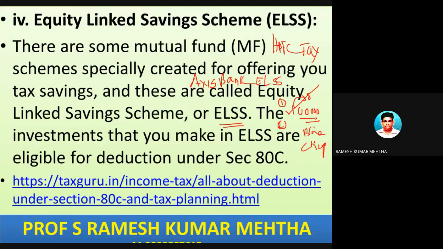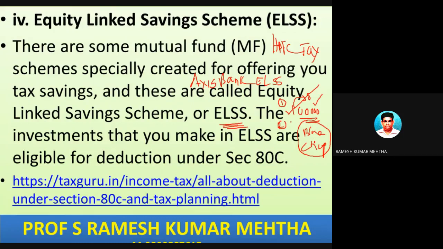Number two, he is even ensuring that this amount is invested in stock market, because he may be interested in investing in stock market. So the dual purpose is solved. One is 1 lakh rupees is the tax exempt deduction he can claim under section 80C by investing in ELSS.